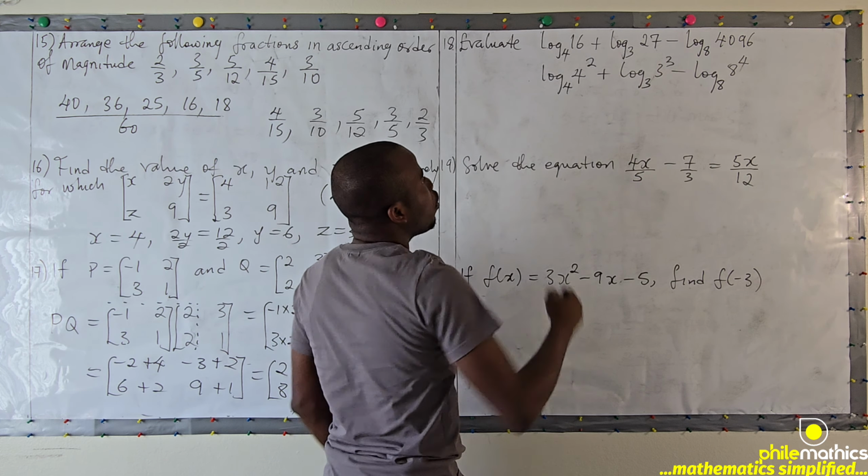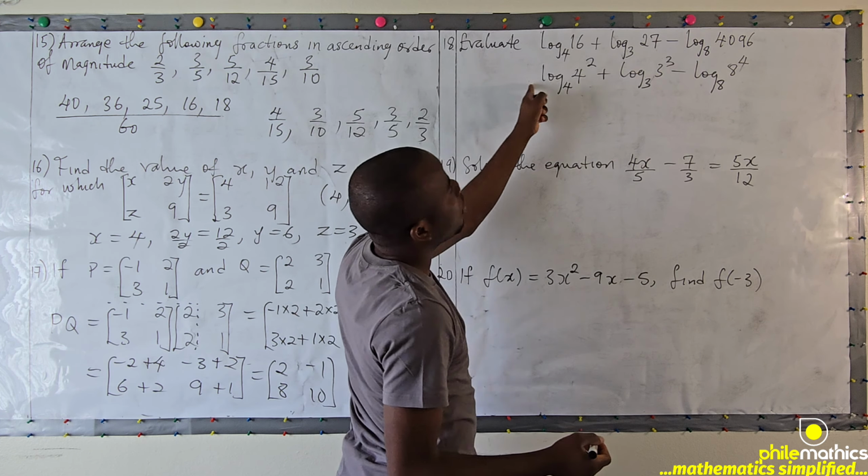From the laws of logarithm, the power can multiply the log. So this is 2 log 4 base 4 plus 3 log 3 base 3 minus 4 log 8 base 8. And also from the laws of logarithm, the log of a number to its base is 1. So this is 1, this is 1, this is 1. So we are left with 2 plus 3 minus 4. And 2 plus 3 is 5, minus 4 is 1.